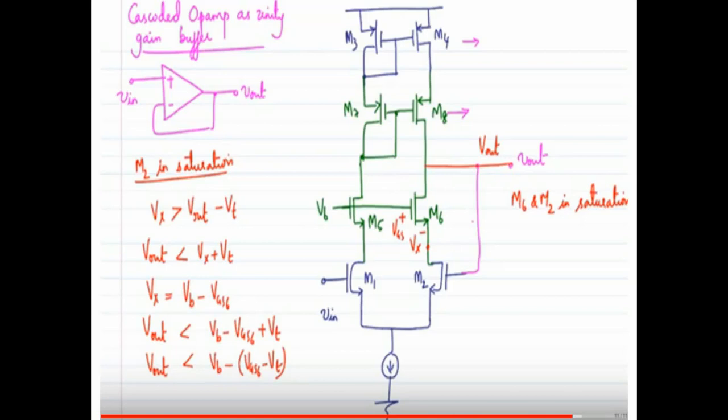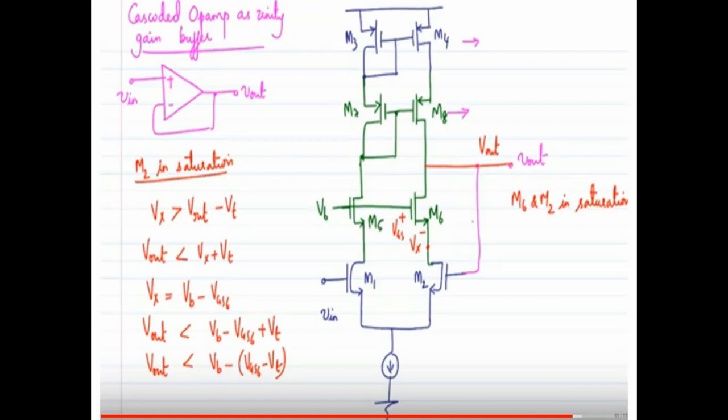The gate of M6 is biased by Vb and its gate-source potential is VGS6. So we can write Vx equal to Vb minus VGS6.